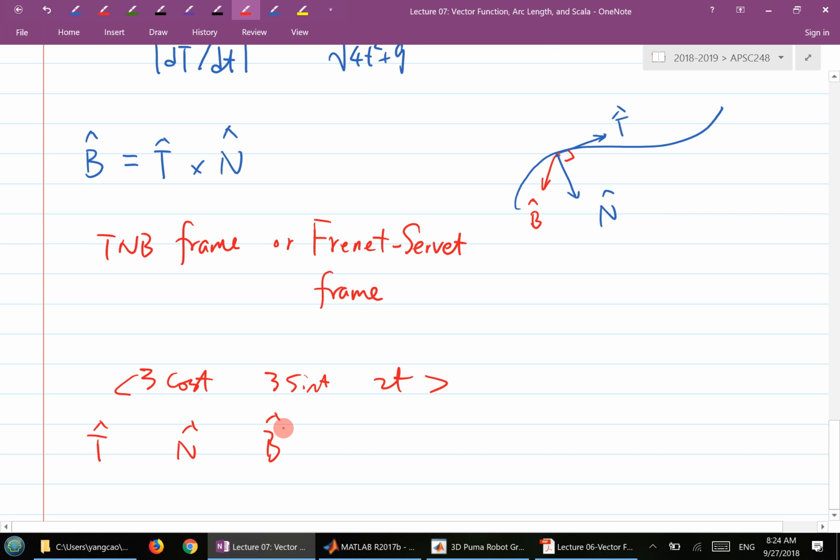So that is your T N B frame at any point along that helical curve. And then you align the end effector of the robot to be the same as the t hat, n hat, b hat. So the calculation of the t hat, n hat, b hat is a crucial part of the simulation which I demonstrated to you. So that is one application here.